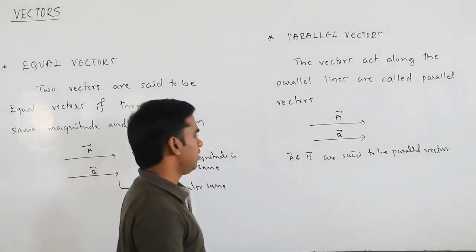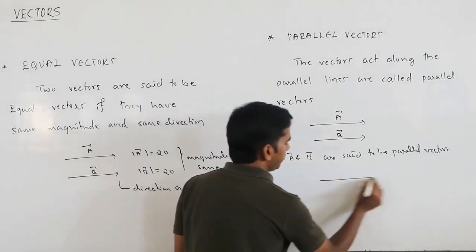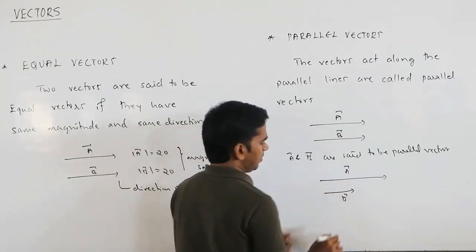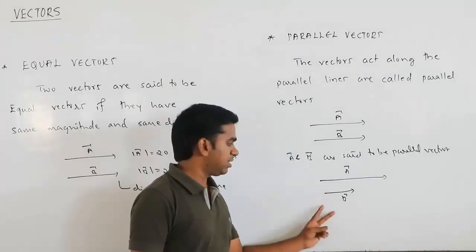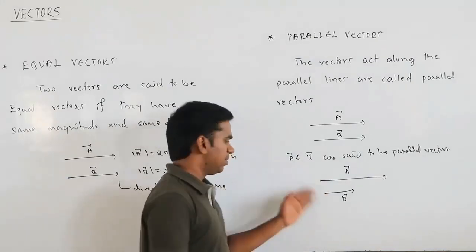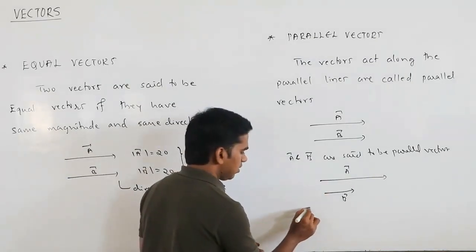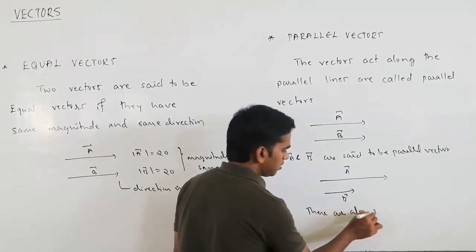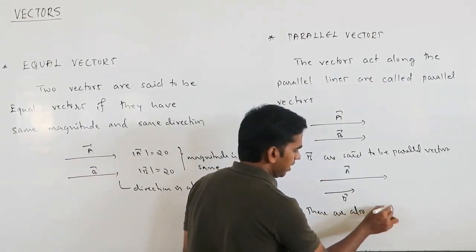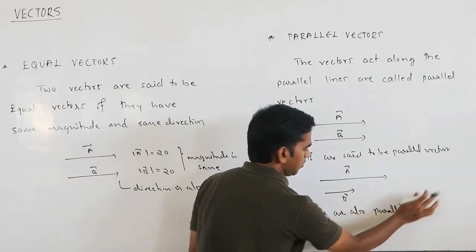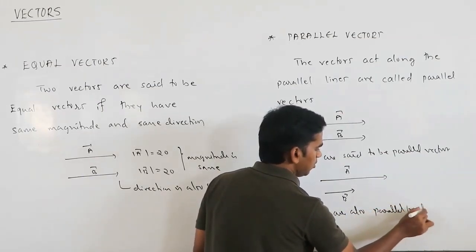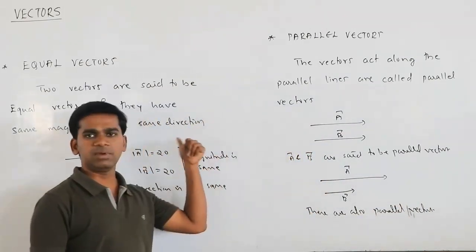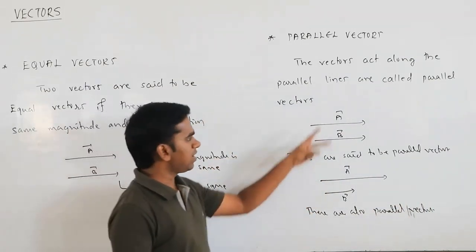If this is vector A and you take another vector B over here, they act along parallel lines but the magnitude is not same, but these are also parallel vectors. I hope you got the difference between equal and parallel. These two are not equal vectors, but they are parallel vectors.